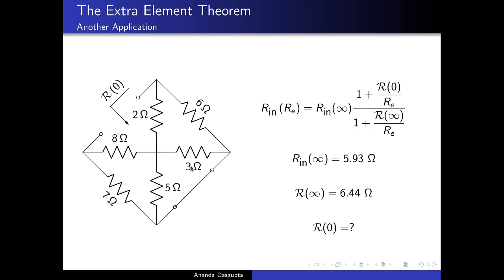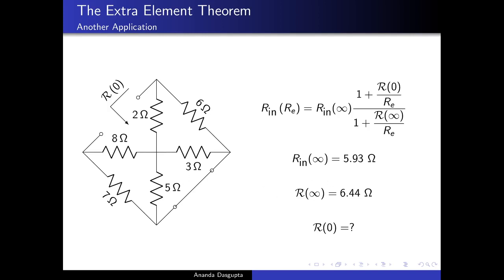And just a moment's thought will show you that this is a Wheatstone bridge circuit again, an unbalanced Wheatstone bridge circuit with 5 ohms parallel with 3 ohms making up the bridge arm. However, we have figured out how to find the answer for the Wheatstone bridge circuit just a while ago. So you can use that or any one of your favorite star delta transforms or other methods to find the effective impedance of the Wheatstone bridge, and that gives you curly R0.